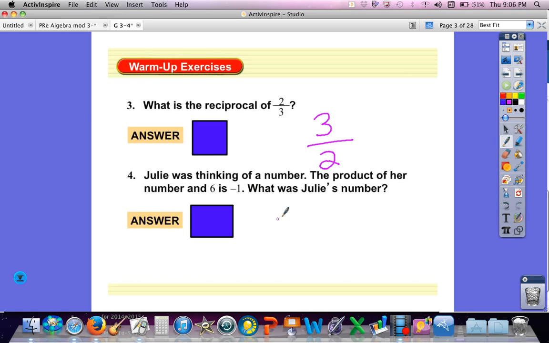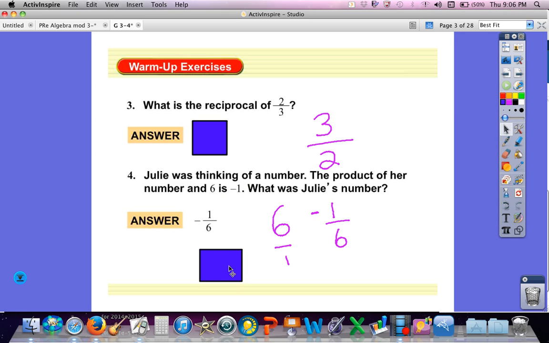So I want you to think for a second. You have 6. The reciprocal of 6 is 1 over 6. The negative reciprocal of 6 over 1, or of 6, would be negative 1/6. If you multiply a number by its negative reciprocal, you're going to get negative 1.